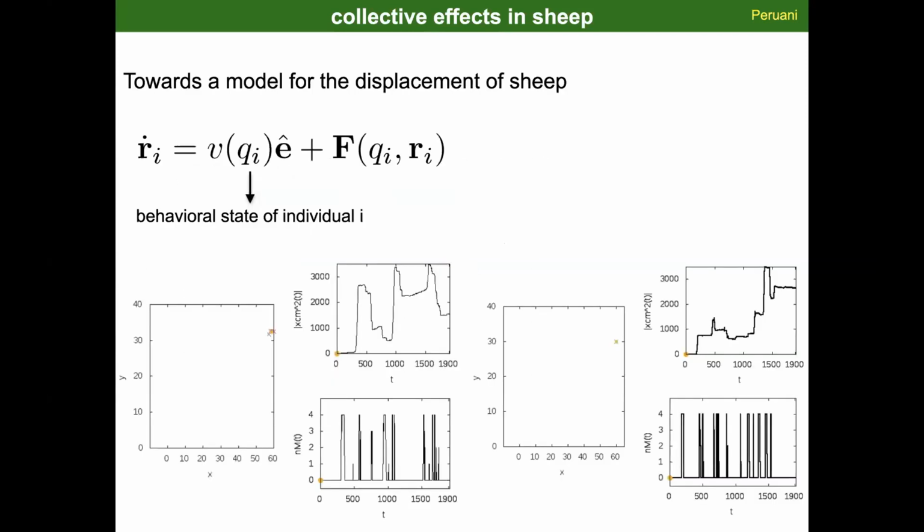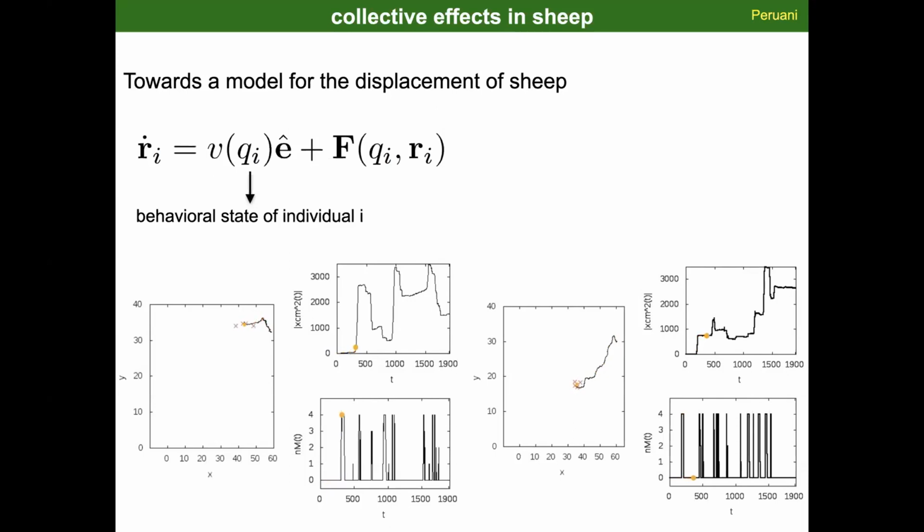Okay, so once you have that into account, you can also go to a model for the displacement of sheep, pretty much in the same way as what I showed you for E. coli. And what you obtain is something that is quite comparable to what I showed, something that is consistent with the experimental data. So you get a reasonable description of the data.